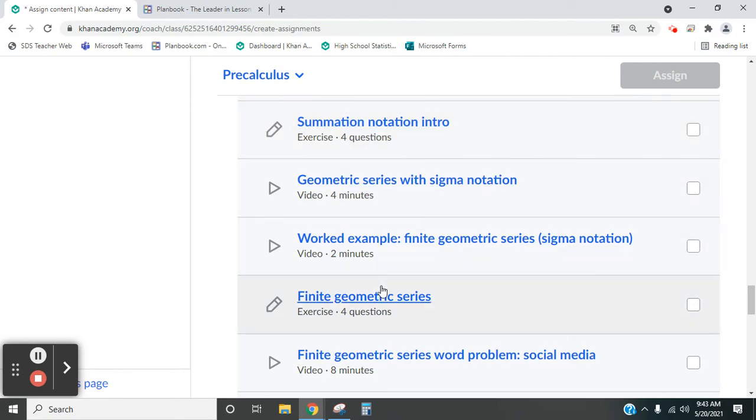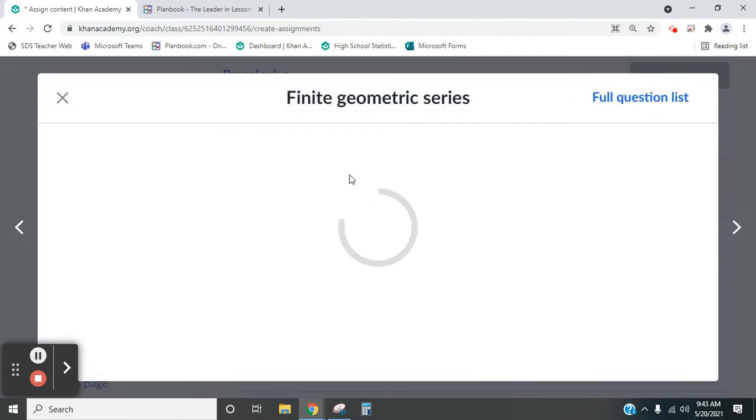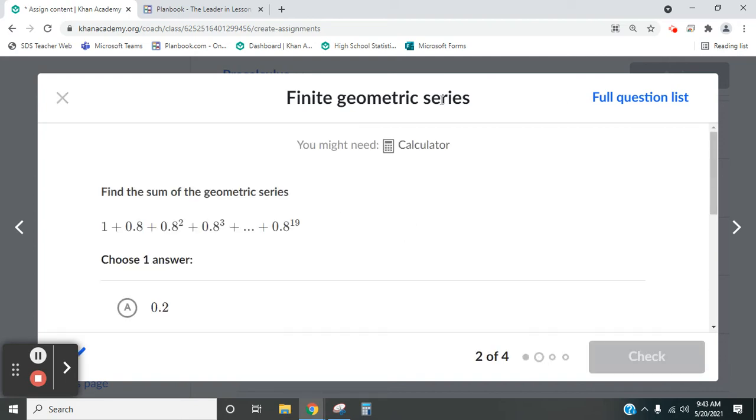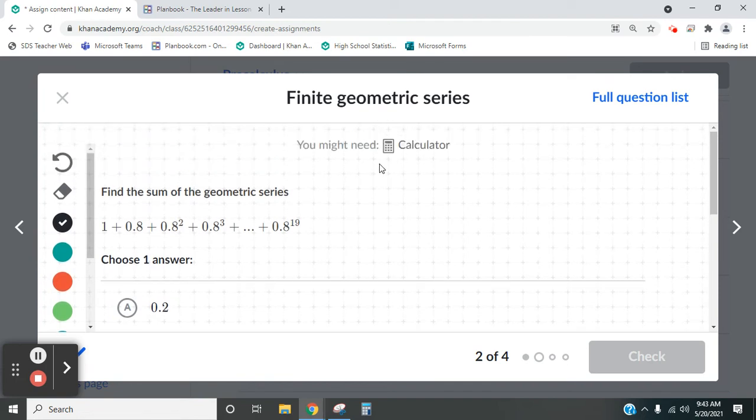The next one is a lot like what we did the other day. We're going to use the same formula. And if you don't have that formula pulled up, how dare you? First of all, but secondly, look for it in your notebook. It is the sum of a geometric series. It's the one on the whiteboard right over there. You remember this thing?